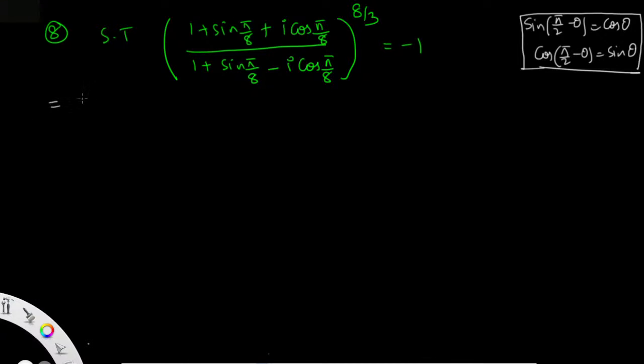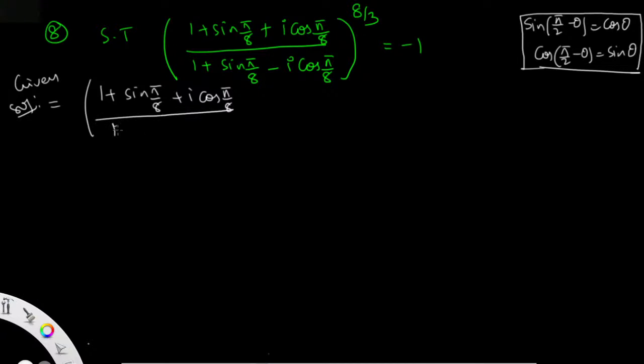So the given expression is 1 plus sine pi by 8 plus i cos pi by 8, divided by 1 plus sine pi by 8 minus i cos pi by 8. Why are we changing? Because i is not always associated with cos, only with sin.